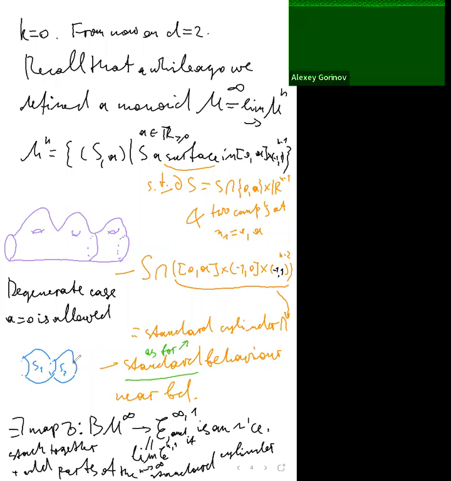And this is what I get when I stack together elements of M infinity. But then I get a compact surface with boundary, which is not what I want. Well, not quite what I want. And I extend this by attaching copies of the standard cylinder on the left and on the right.